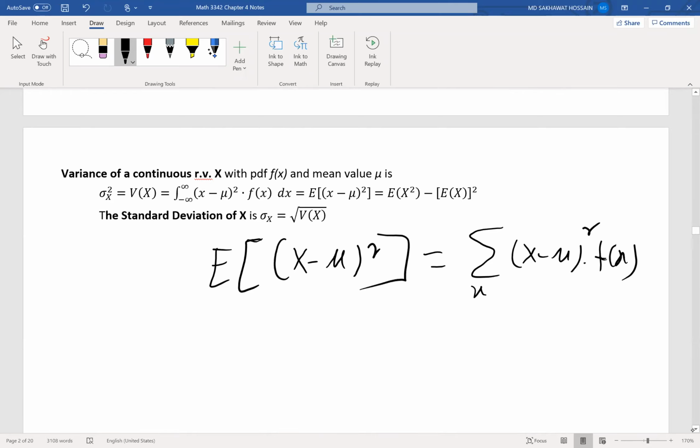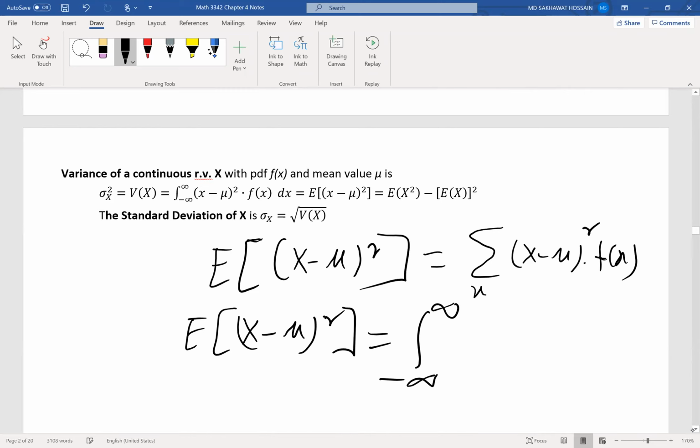But for the continuous case, it will be the integration from negative infinity to infinity of (x minus mu) squared times f(x) dx. So this is the variance of random variable X for the continuous case.